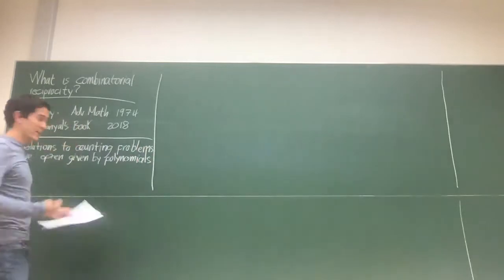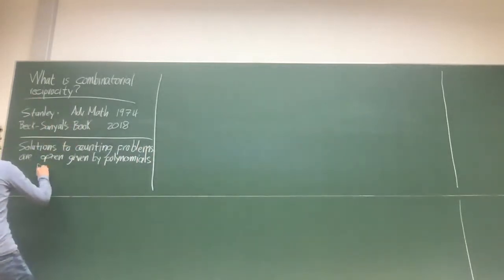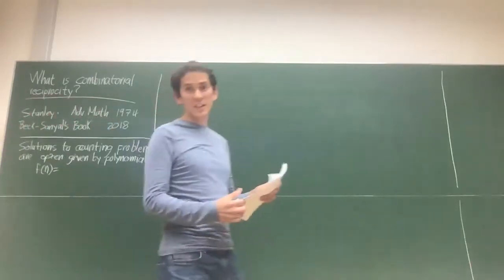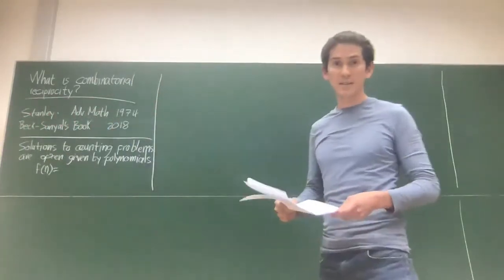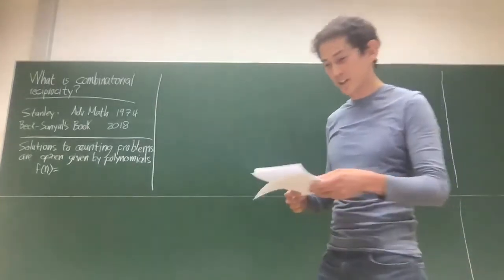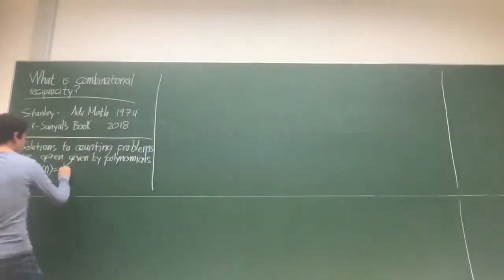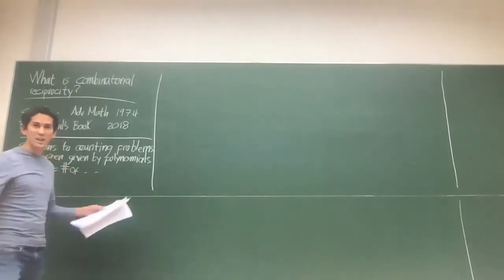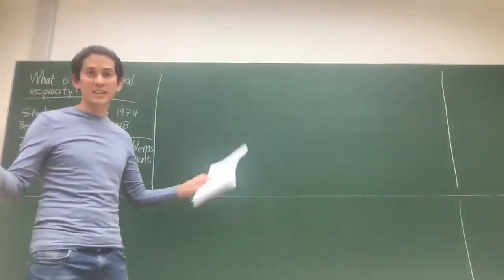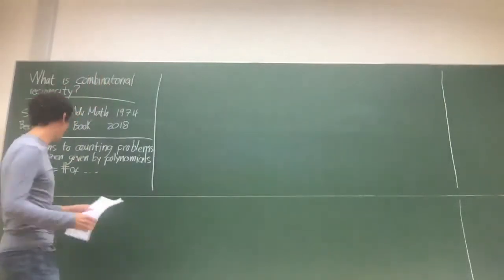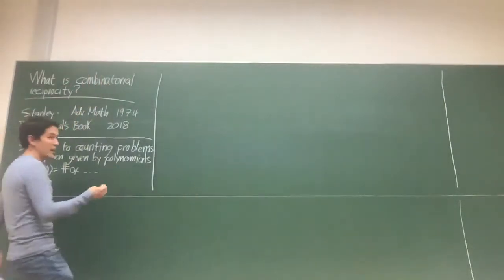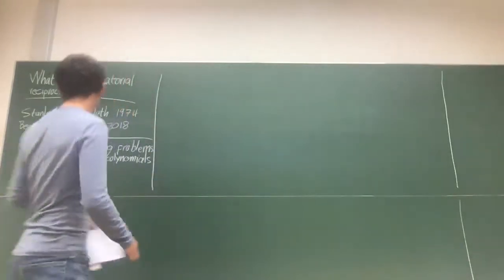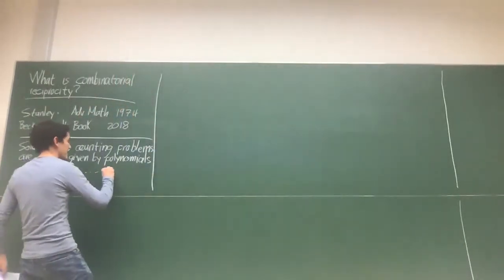For example, we are counting a certain family of combinatorial objects, and the number of such objects is given by a formula f of n, which is a polynomial. This counts the number of certain combinatorial objects, whatever: paths, trees, whatever your favorite combinatorial object is, and this is often parameterized by some number n, let's say the size.